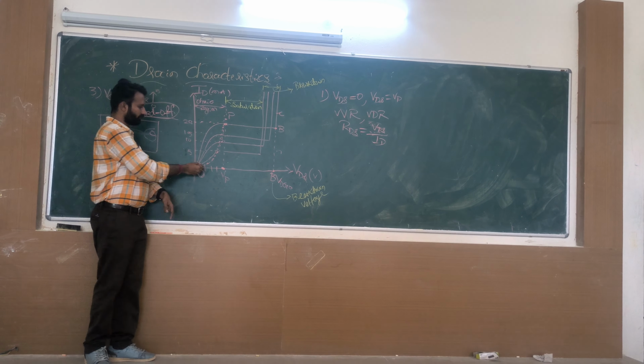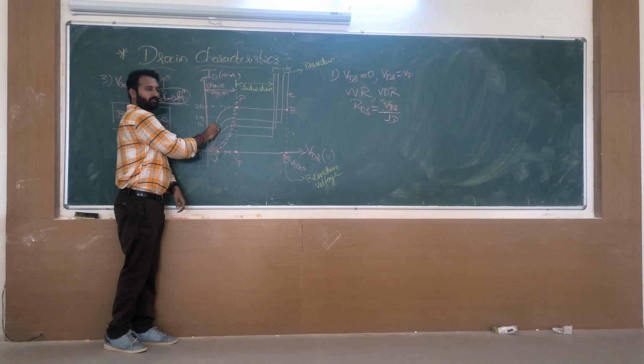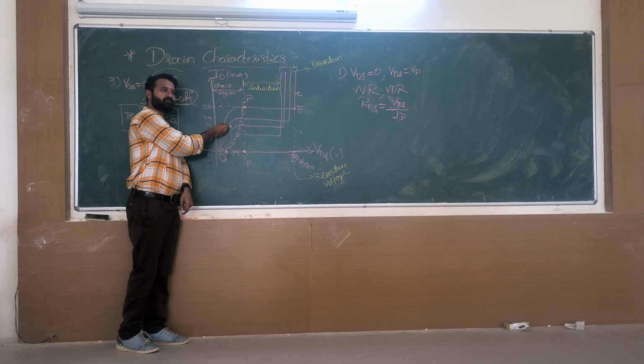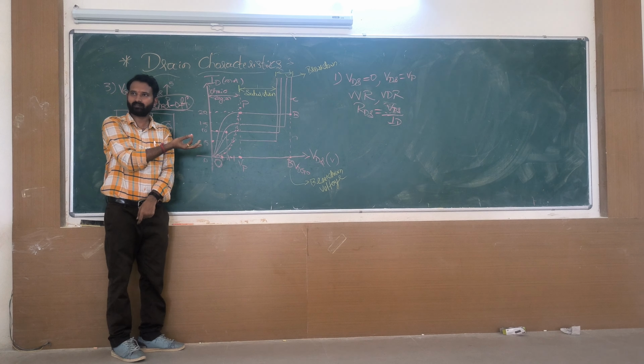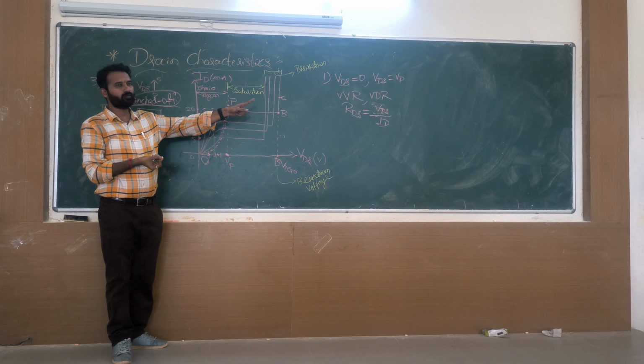Here clearly we can find the resistor. You can make a contact, intersect it, and you will find the resistance value of R. That's why in this region it works like a variable resistor. The device will work in real time as a variable resistor. Clear? Got the point of ohmic region?